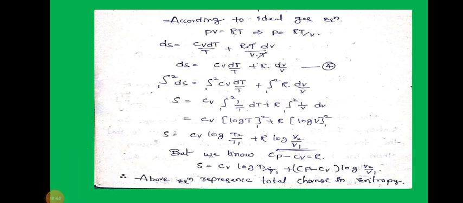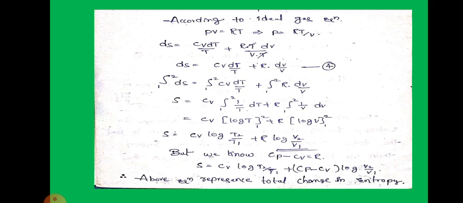Therefore S = Cv integral of (1/T) dT plus R integral of (1/V) dV. Very important one: dS = Cv dT/T + R dV/V. This is equation number 4.